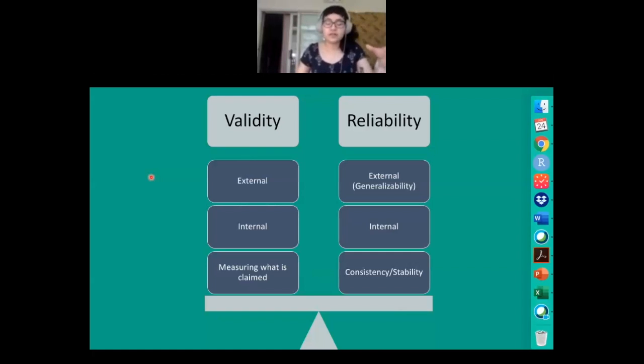I went over in measurement that reliability is being able to get consistent results, and then validity is being able to get the accurate results, right? And so you can see these for measurement, but you could also see these within research.